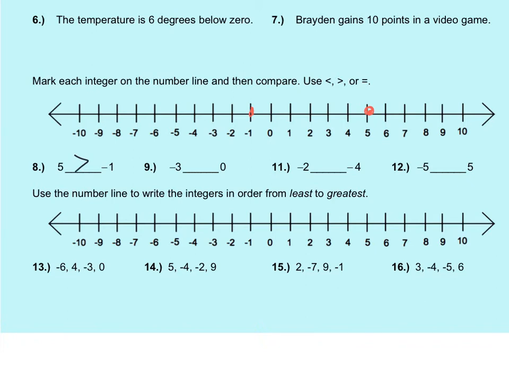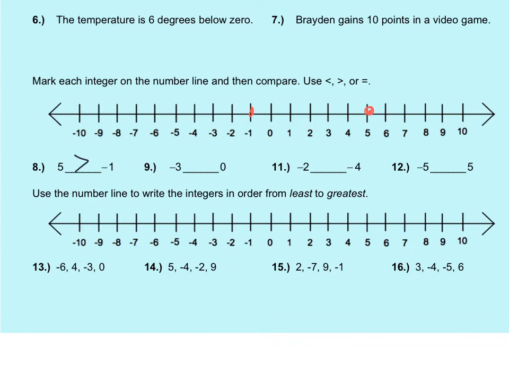And we would say that like this: 5 is greater than -1. Use the number line, maybe color code it so you can keep them straight, and then write the correct symbol, and you also should know how to say it. Same thing for 13, 14, 15, and 16. Dots on the number line, and then what I want you to do is put them in order from least to greatest. Remember, negatives are always smaller than positives.